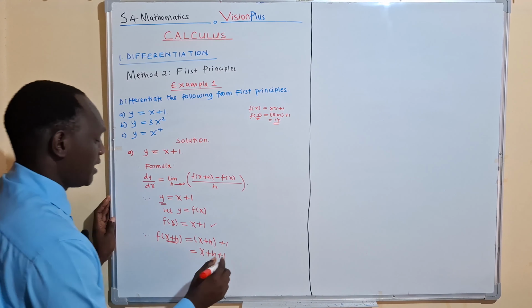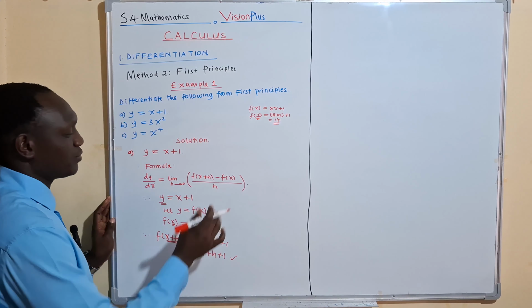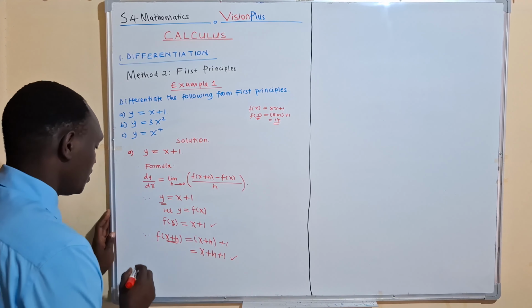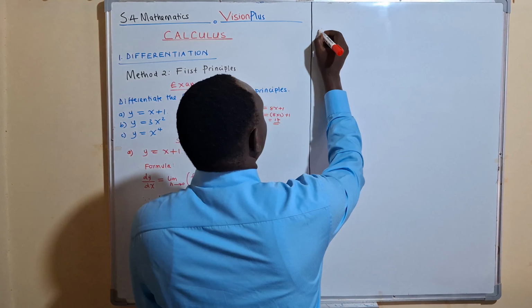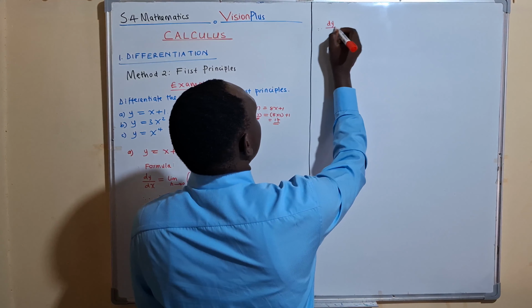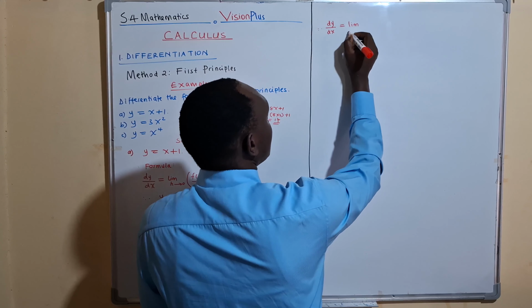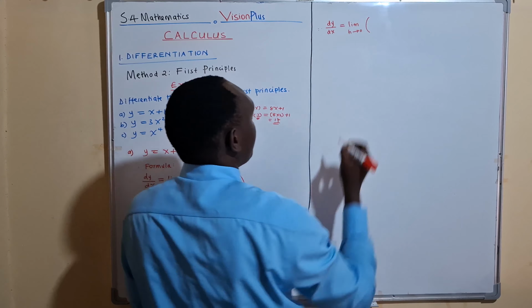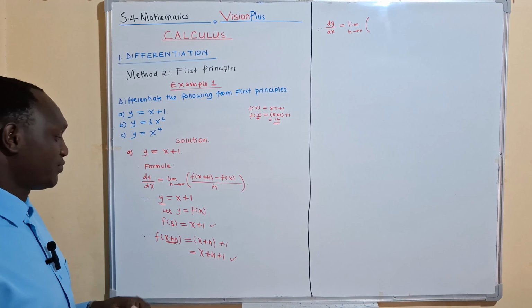So therefore, we have f of x and we have f of x plus h. So we simply come and substitute for them in the formula. Therefore, dy dx equals, don't forget to say, limit as h tends to 0.